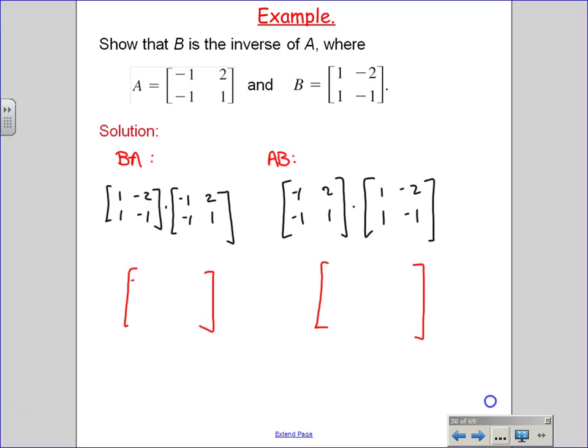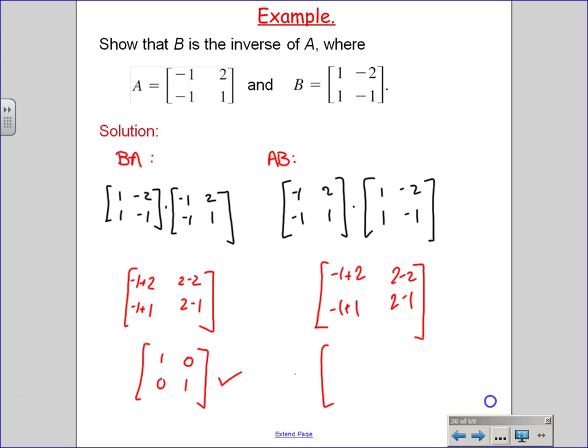Negative 1 plus 2. I don't know about you guys, but I think I'm getting 1, 0, 0, 1.